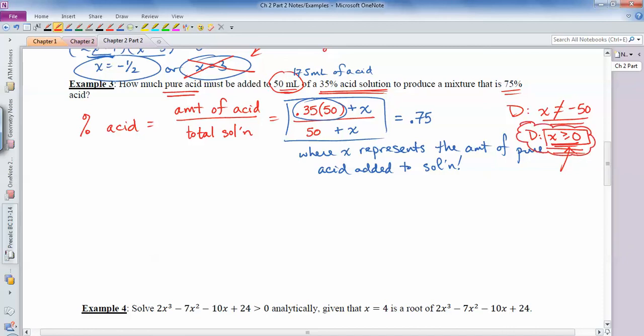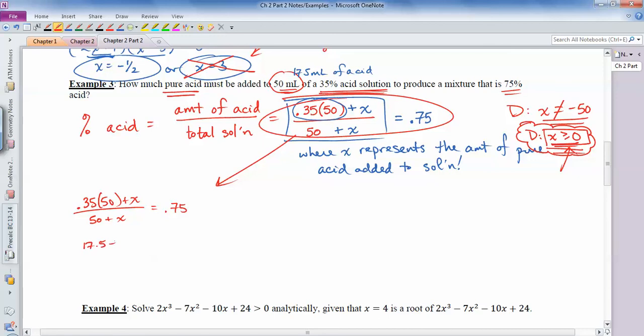Okay, so let's work with this full equation right here, 0.35 times 50 plus X over 50 plus X has to equal 0.75. I'll simplify this numerator here.